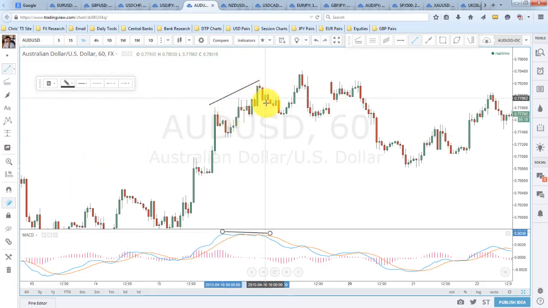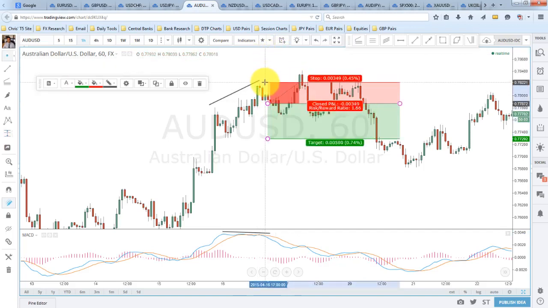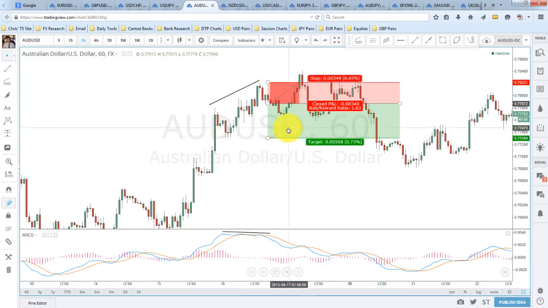Our entry on this would have been just below this point. So we would have entered right about here. Our stop loss would have been above that high, and our target would have been right there. So again, in this scenario, we have a 1.63 to 1 reward to risk.